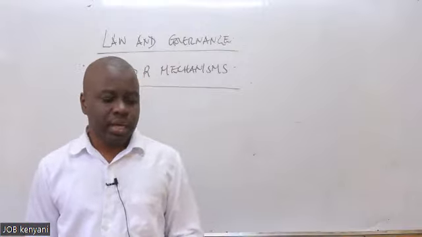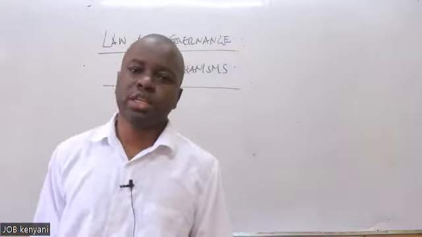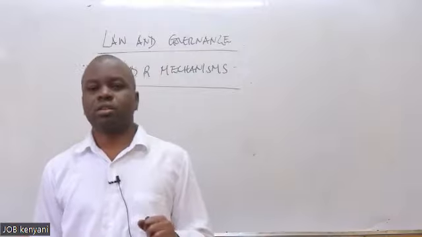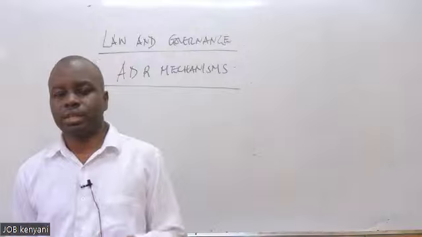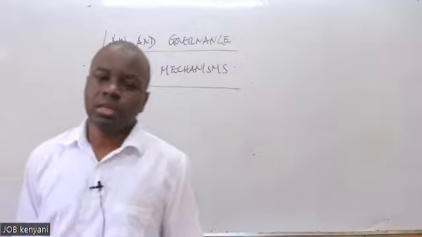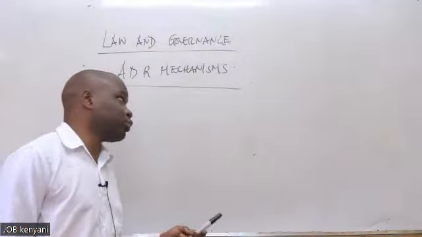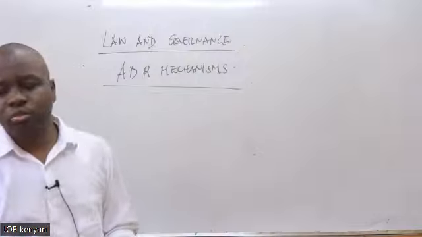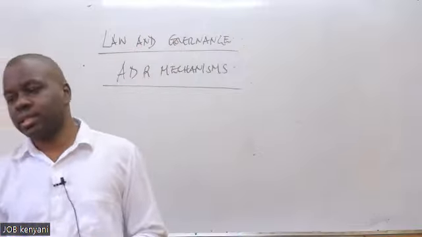So you could decide that instead of going to court, let's look for alternative options as to how we can resolve our own problems or disputes, as the complainants, between the defendant and the plaintiff. Which other mechanism can you use to resolve your own disputes?